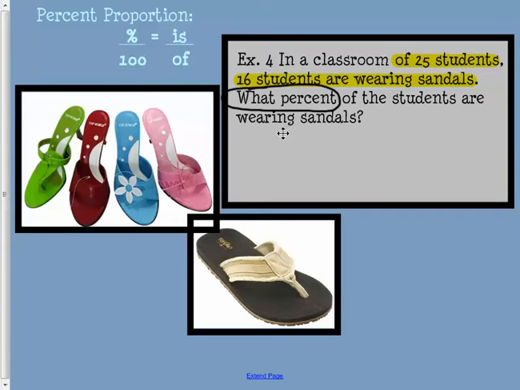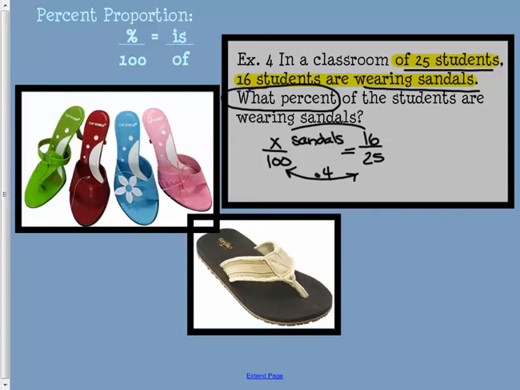Okay, so first thing that we want to know is what the percent is, and again, this is the percent wearing sandals. So we need to double check to make sure that I know that the part is the students wearing sandals, which it is. So that goes on top, 16, and we know the total of the students is 25. This is a division of 4, so this way is a multiplication of 4. So what I'm doing here is multiplying by 4.